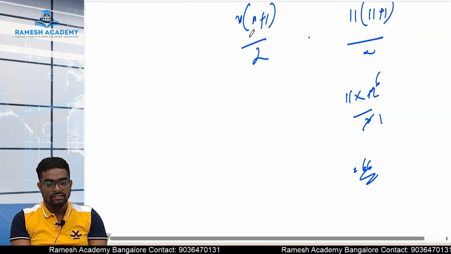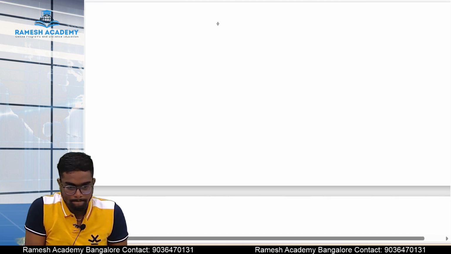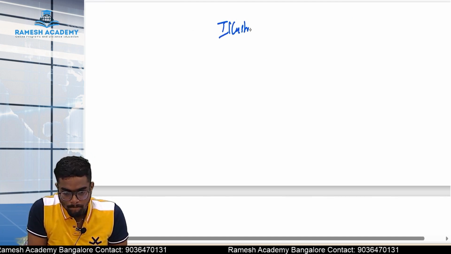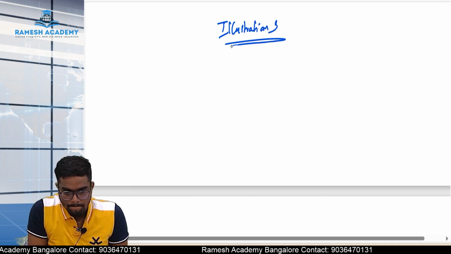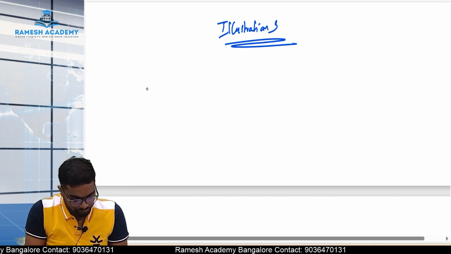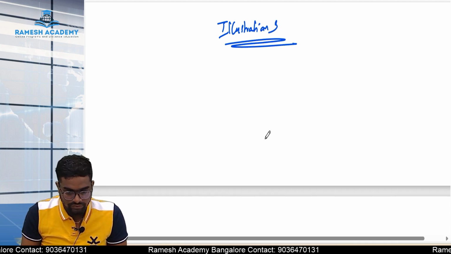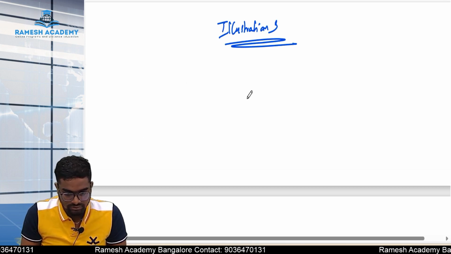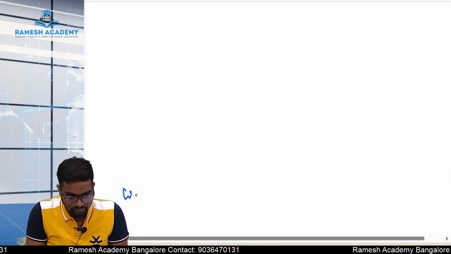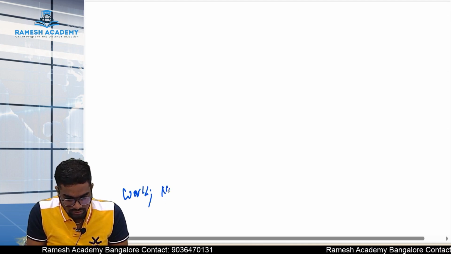So shall we start illustration 3? Okay, so first we'll prepare machinery and depreciation accounts, then we'll have a working note. So this is enough for depreciation. Okay, working notes. So in working notes I'll calculate everything.